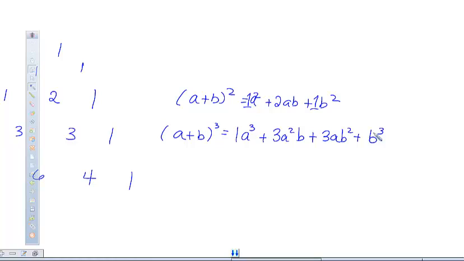Make any sense at all? A little bit. Okay. It's a lot faster. Think about it. But when it comes to raising things to powers, we kind of need to do that quickly if we're going to do it. So this is a quick way to get it done. Okay. But in particular, we'll do this a lot. You want to know what a plus b squared is.